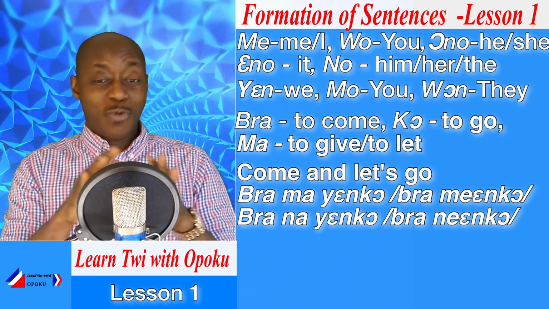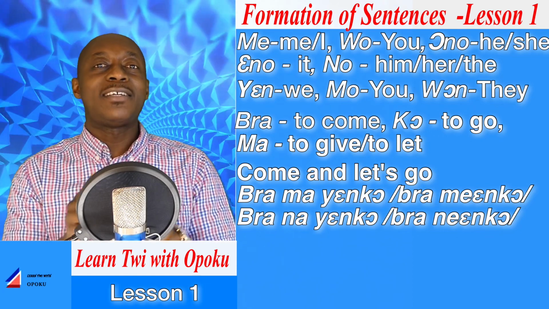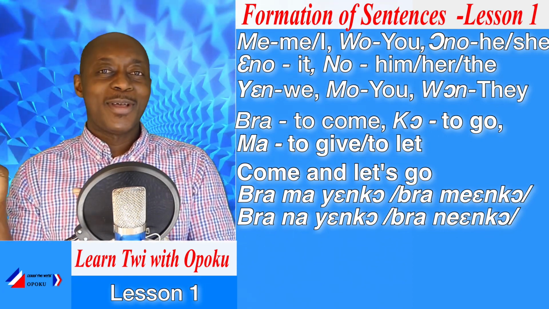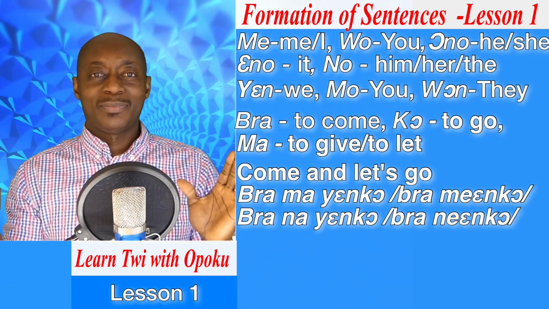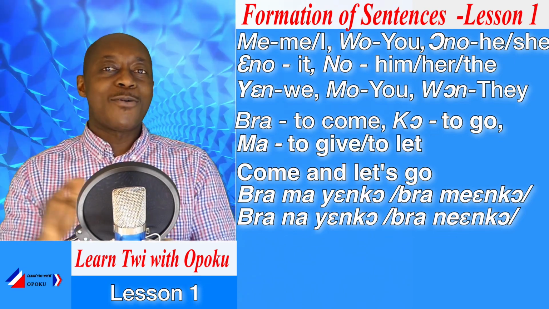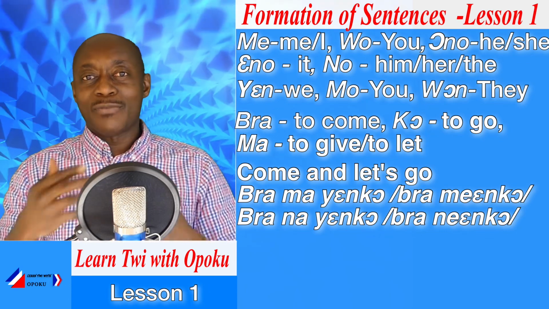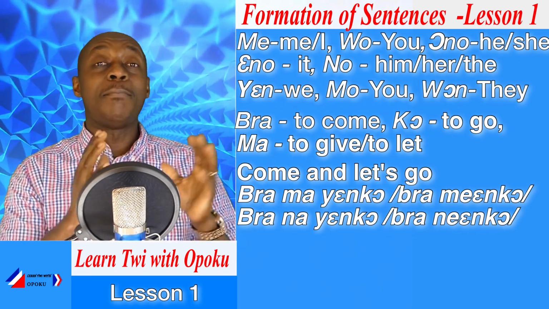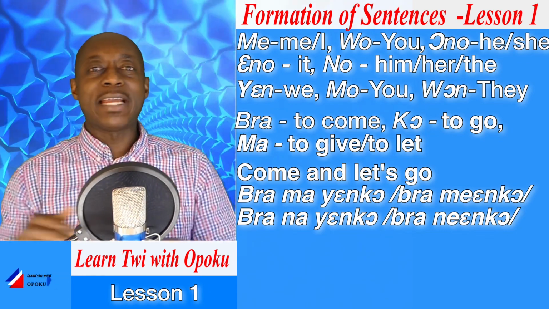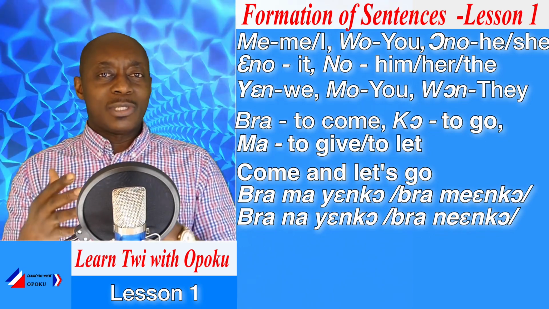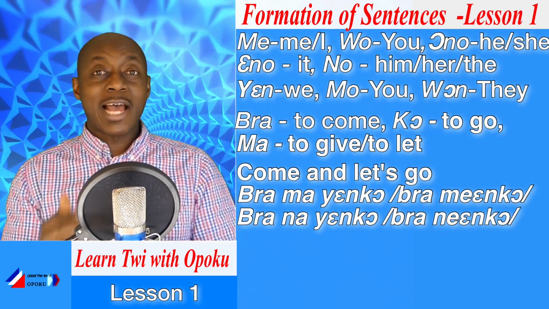Even though when we are writing, we will never write Branienko. No. It's not written. We write Branayenko. But in normal daily conversation, we will say Branienko. This sounds like come so that we go.